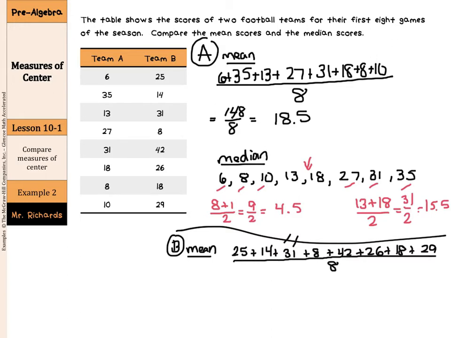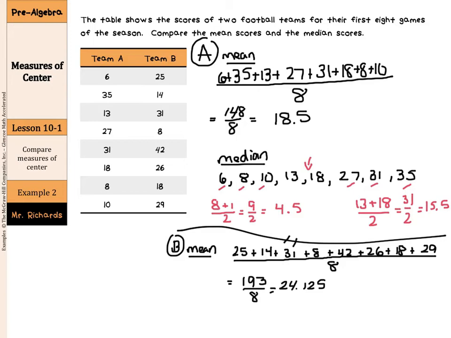So I can divide the sum by 8. And this sum is 193, divided by 8 is 24 and 125 thousandths.